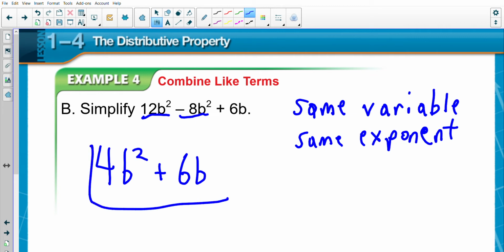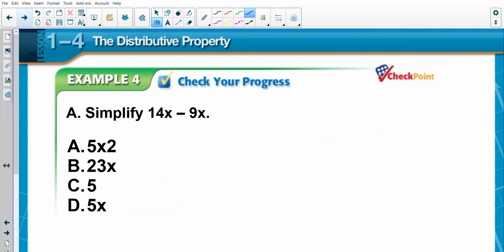That is that expression simplified. Okay? Good? All right. Give y'all 2 seconds for that one. Some folks feel so good they ain't even writing it down.